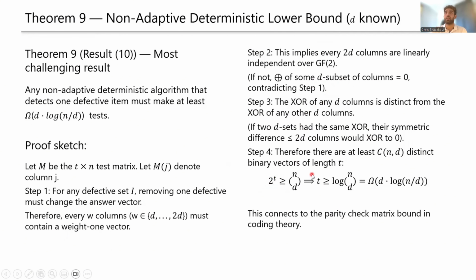If we take the log on both sides, we can say that t is greater than log of n choose d, which corresponds to the D log(N/D) complexity. And this connects to the parity check matrix bound in coding theory, for any of you who know. And that's theorem 9. This is how we prove the lower bound.